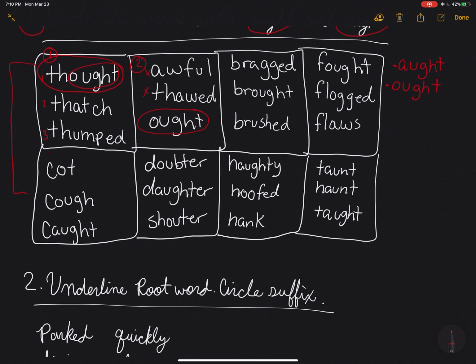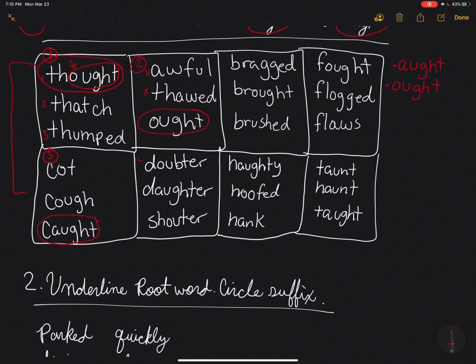We're going to then come to number 3. We're going to see the words caught, cough, and caught. Once again, we are looking for either O-U-G-H-T like this one, or we're going to look for A-U-G-H-T. Just by looking at these, you see the A-U-G-H-T right here in the word caught.